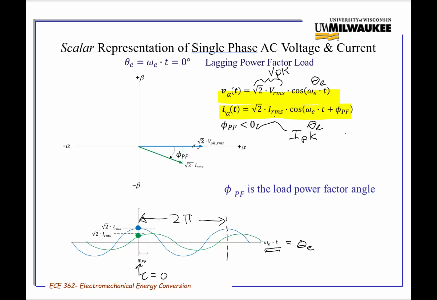So we could think of progressing along the theta e axis, when theta e equals phi pf, then we would be hitting, actually I think I have this off a little bit, that's when we would hit the peak of the current. And so this tells us that this has to be a negative angle for that to work.